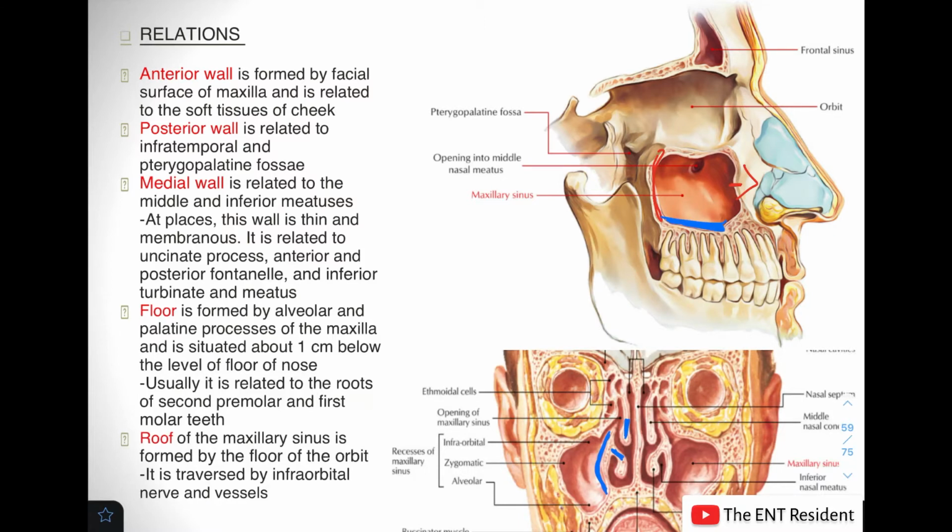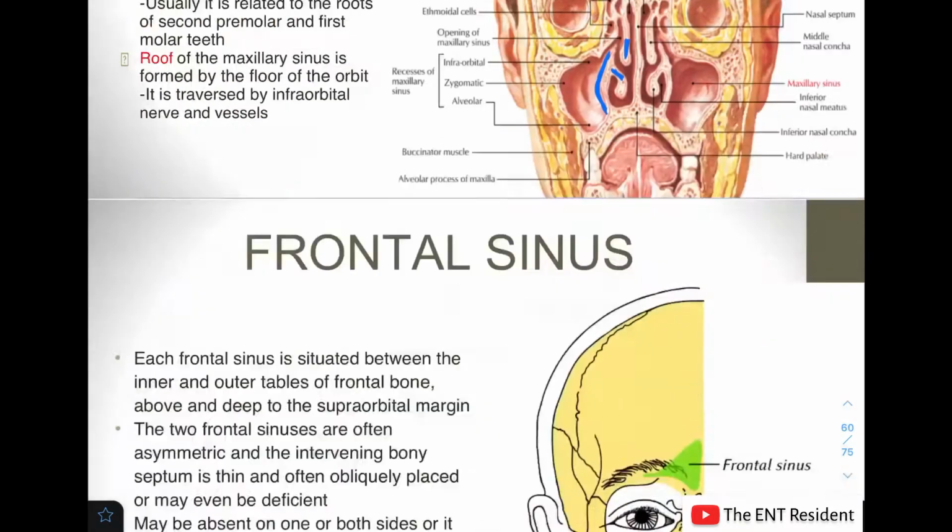So this is forming the floor of the maxillary sinus. And lastly remains the roof of the maxillary sinus, which is formed by the orbital floor, and this roof is actually traversed by the infraorbital nerve and vessels. So these are the different relations of the maxillary sinus.